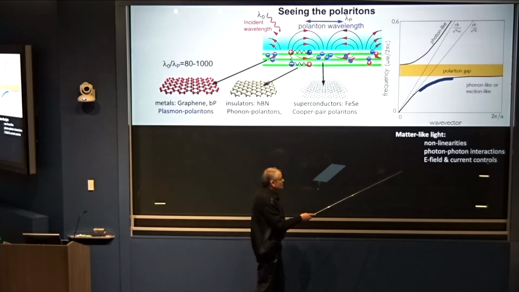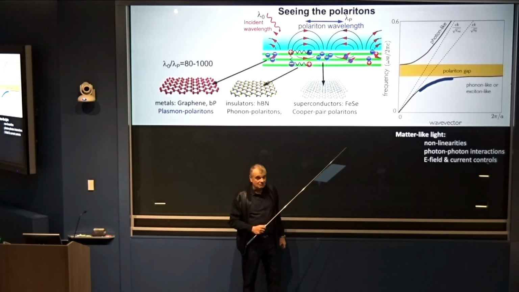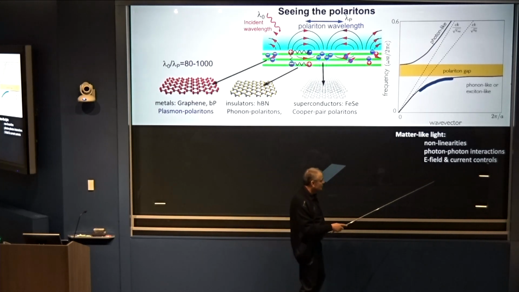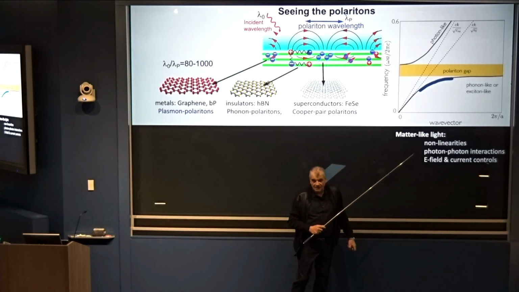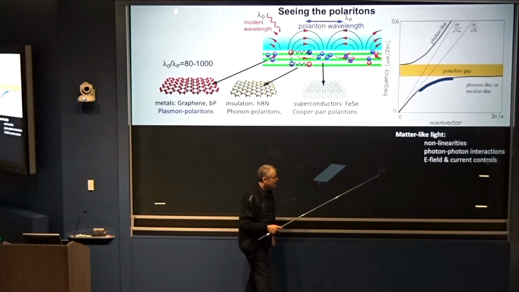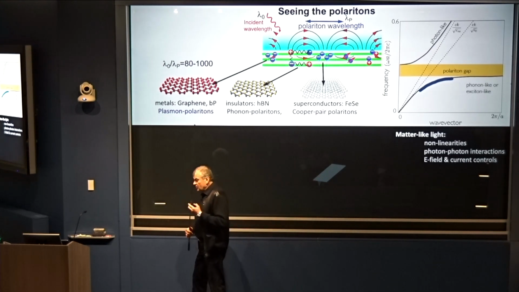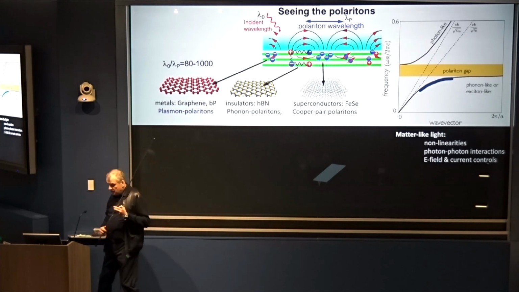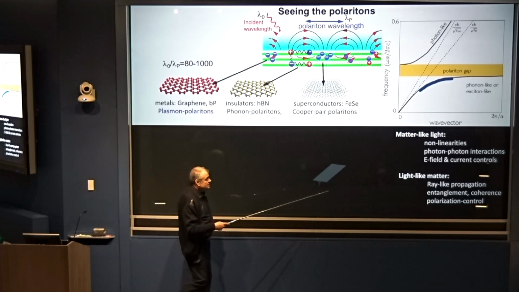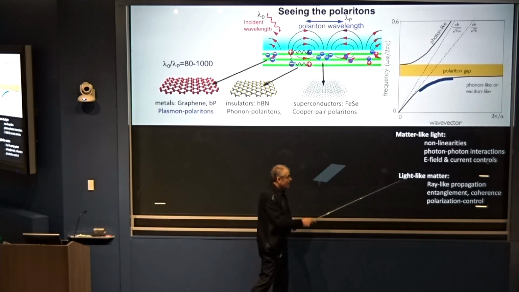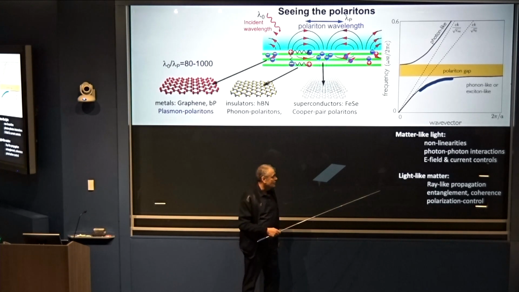Then these photons can be controlled by electric field. And in a recent paper with Andrew Millis, we were able to control these photons hybridized with electrons by passing electrical current through the polaritonic medium. So despite this matter character, this light-like matter does preserve a lot of its photonic identity.